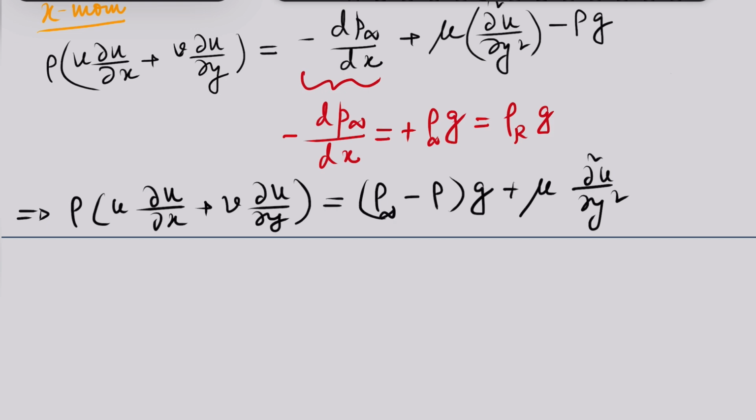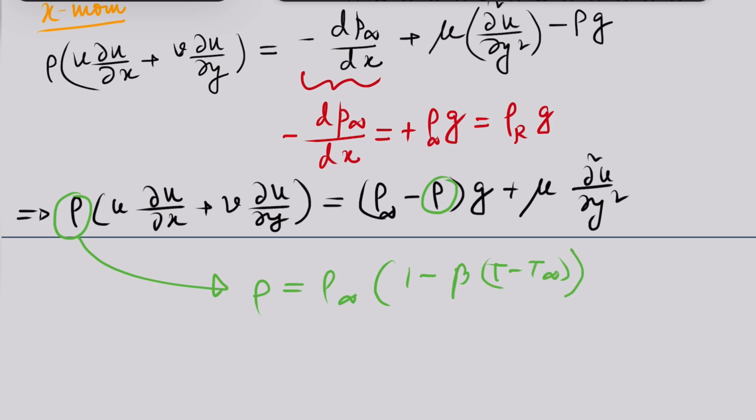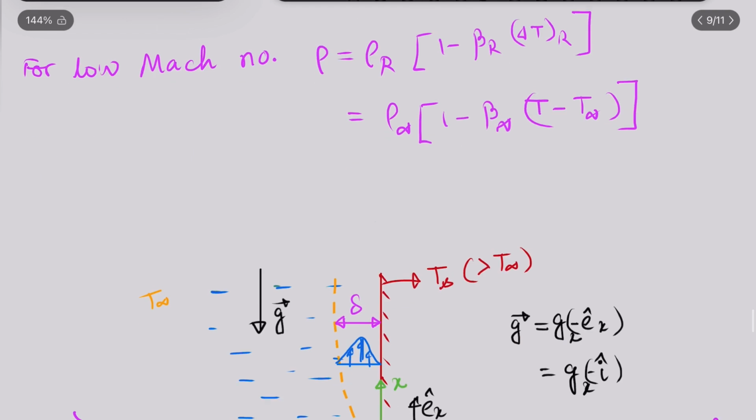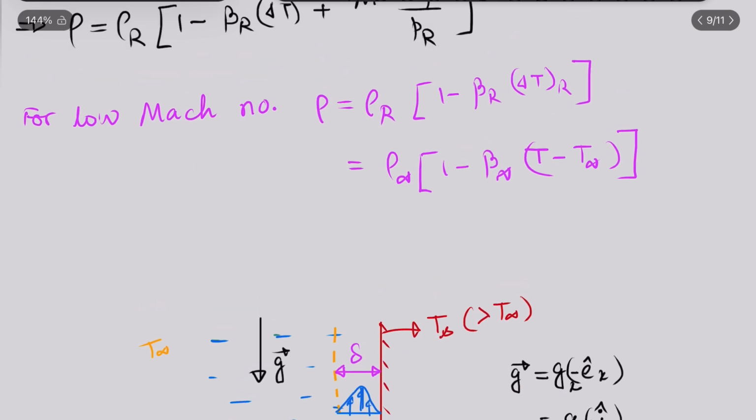Clear? So now tell me, I can write both of these rhos as rho is equal to rho infinity into 1 minus beta (T minus T infinity), right? From this equation I have already derived it.